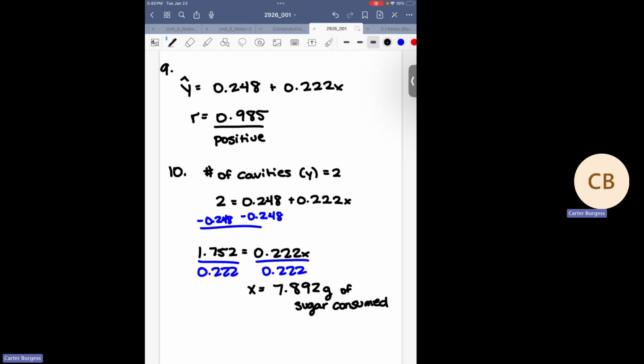So given a y value, plugging in for y, we get this particular estimate, 7.892 grams of sugar. Conversely, if we are given an x value, for instance, with number 11, we're asked what happens when a child has consumed 13 pounds of sugar, which is our x. We plug that x value into our equation, y hat is equal to 0.248 plus 0.222 times this x value of 13, and we get the resulting y value.